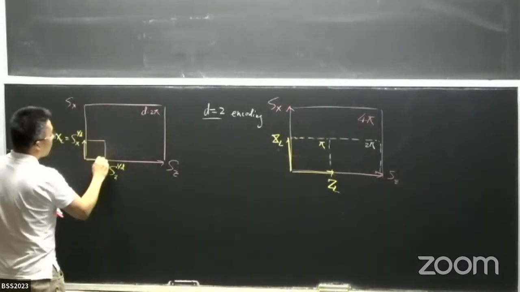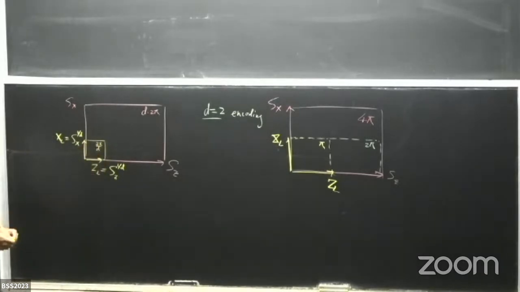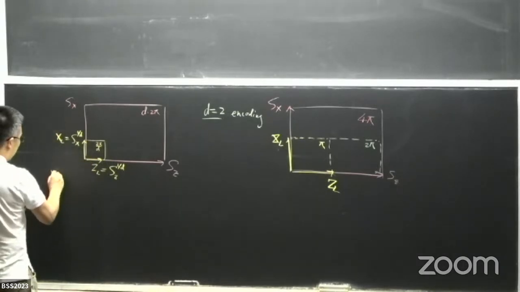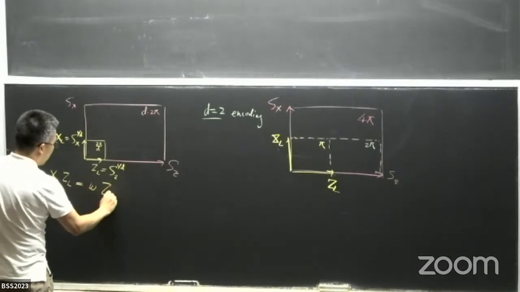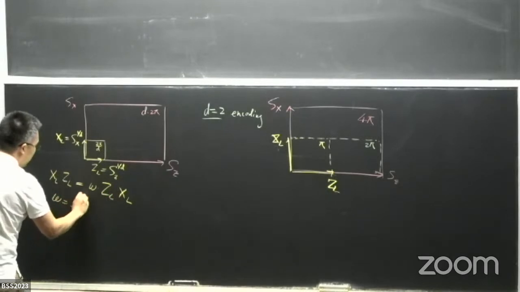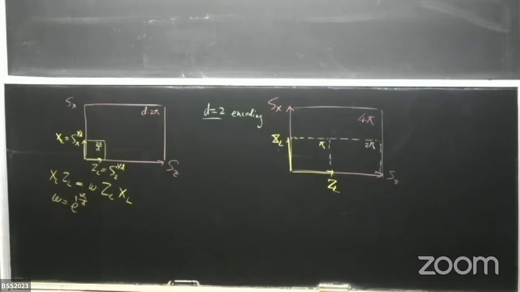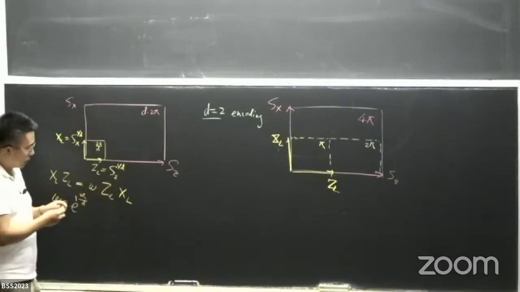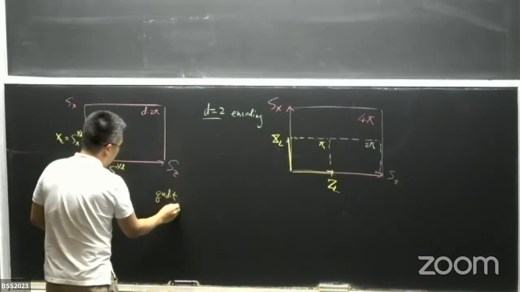Then the area enclosed will be 2 pi over D. And that implies the commutation relation between X logical and Z logical: X logical Z logical equals omega Z logical X logical, where omega is e to the 2 pi i over D. So that's the commutation relation associated with a D-level system.